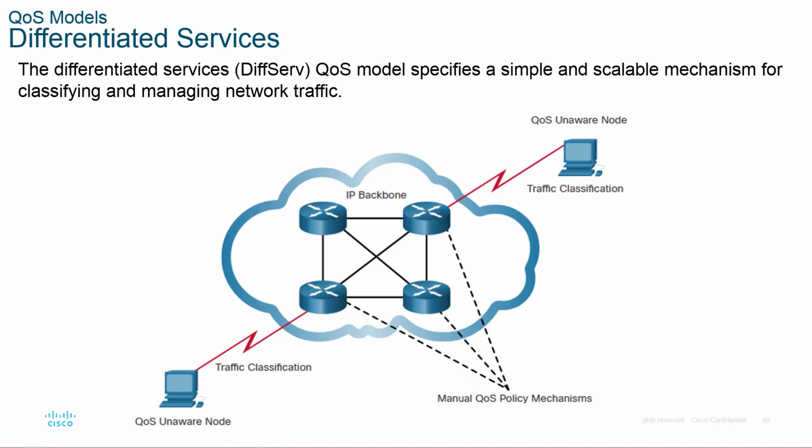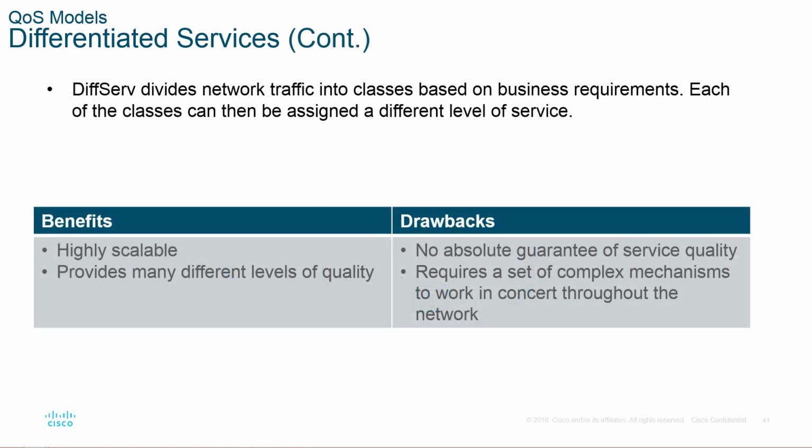It enforces and applies the quality of service mechanisms on a hop-by-hop basis, so router by router, uniformly applying global meaning to each traffic class to provide both flexibility and scalability. As the packets traverse the network, each of the network devices identifies the packet class and services the packet according to the class. It is possible to choose many different levels of service with diff-serve.